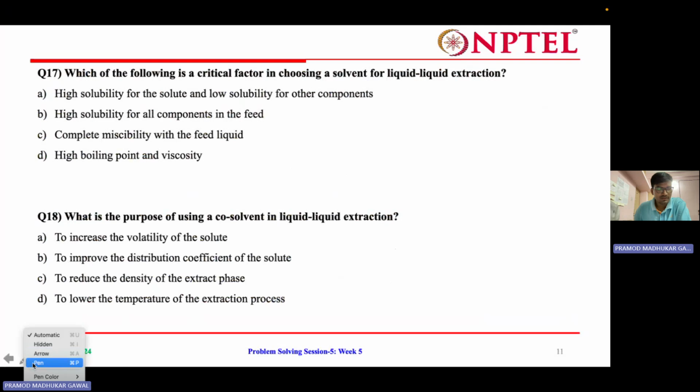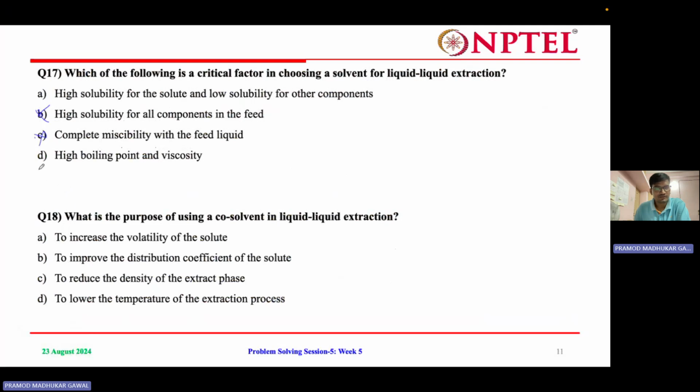Moving to question number 17. Which of the following is a critical factor in choosing a solvent for liquid extraction? Check the options. You have to select high solubility for the solute and low solubility for the other components. This is possible. High solubility for all components is not possible. Complete miscibility with the feed liquid cannot be possible for the separation.